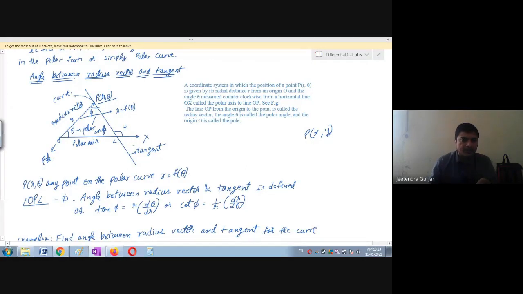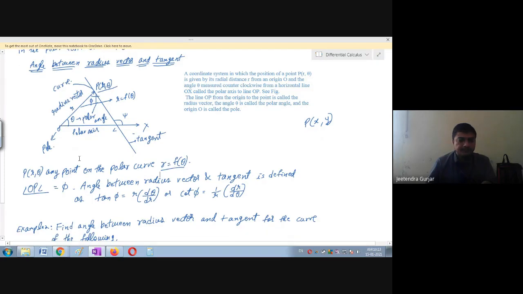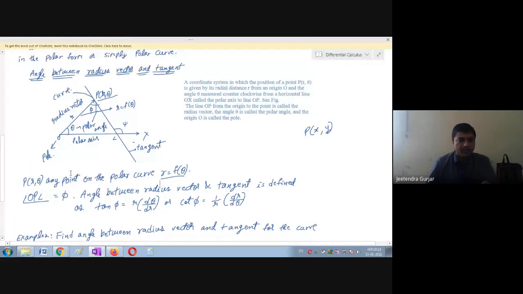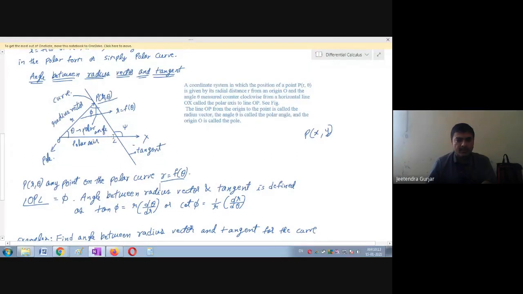Let P (r, theta) be any point on the polar curve r equal to f of theta. Then the angle OPL is equal to phi. This is all description of the diagram, don't worry.